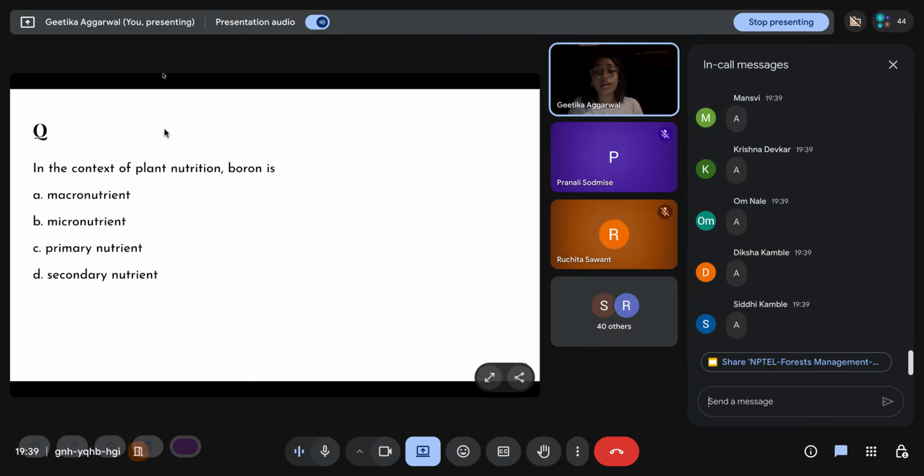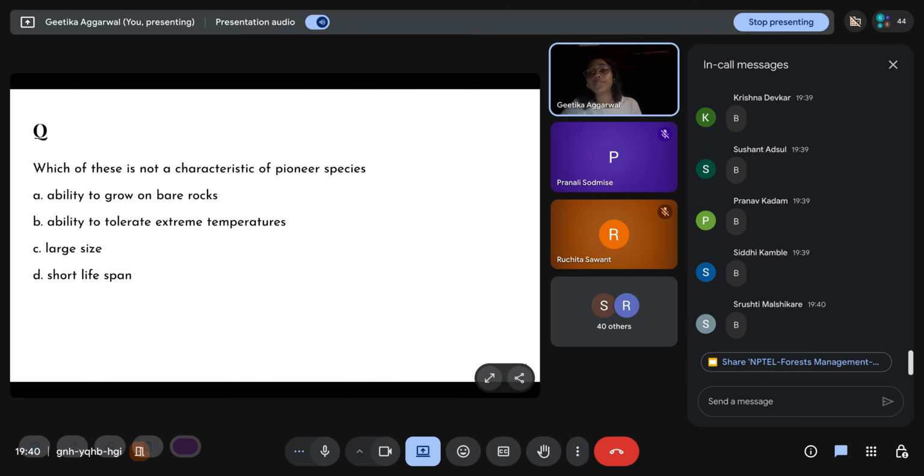In the context of plant nutrition, boron is a macronutrient, a micronutrient, a primary nutrient, or a secondary nutrient? Nice, very good. So, if you're talking about plant nutrition, boron is a micronutrient. It's not required in very high quantity for it to be a macronutrient.